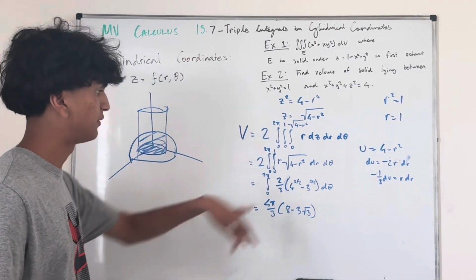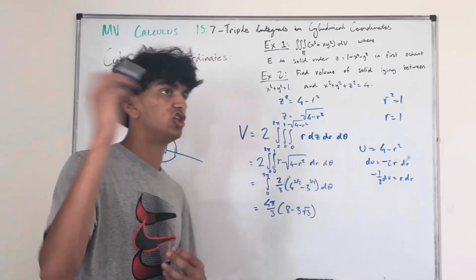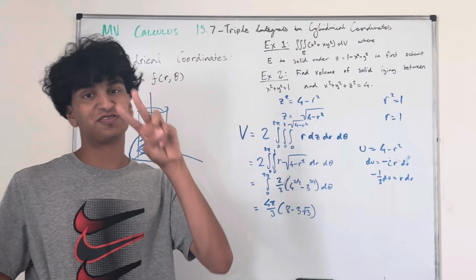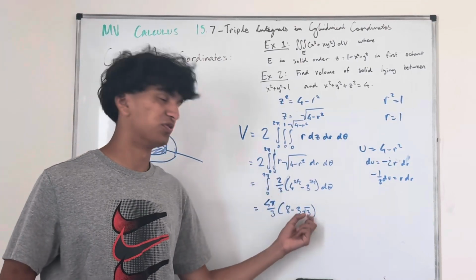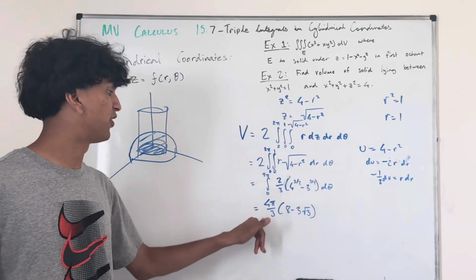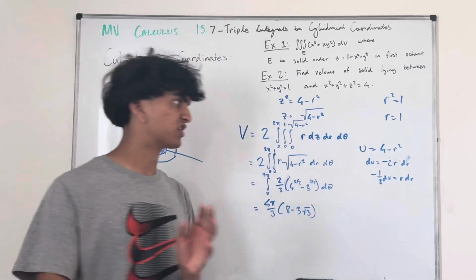Same thing here: if I take the square root, I get root 3, and if I cube it, I get root 3 times root 3 times root 3. Two of those root 3s turn into 3, so I'm left with 3 root 3. But you can probably leave your answer as 4 pi over 3 times 4 to the 1.5 minus 3 to the 1.5. That should work too.